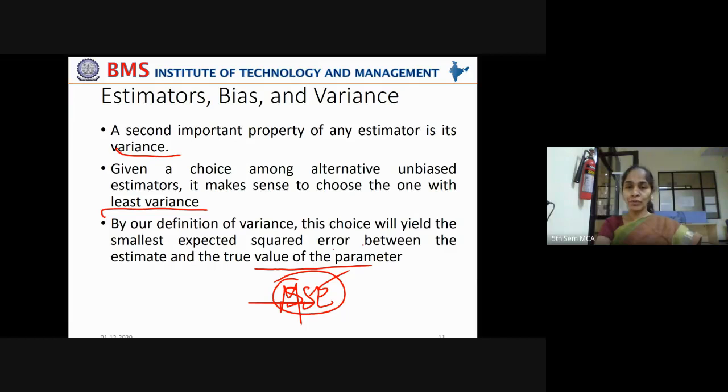By our definition of variance, this choice will yield the smallest expected squared error between the estimate and the true value of the parameter. The difference between the sample error and the true error, when it is squared and summed up, should be the least. That model should be your choice.